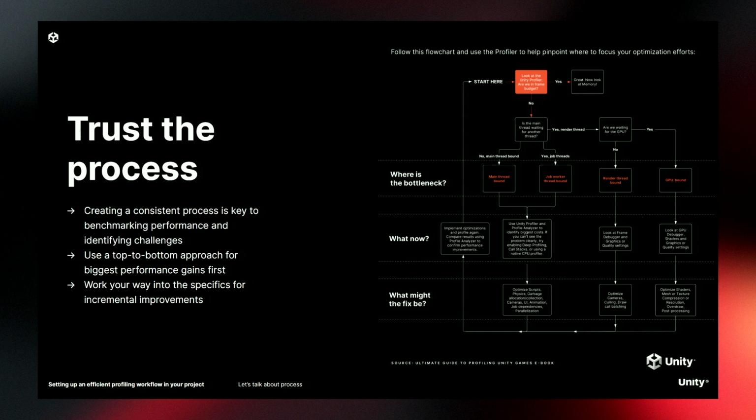Understand what your limiting factor is first and foremost, and attack that first. Otherwise, if you go about it blindly and just optimize random systems on CPU or disable game objects randomly, you're more than likely not going to help with your frame rate issues.